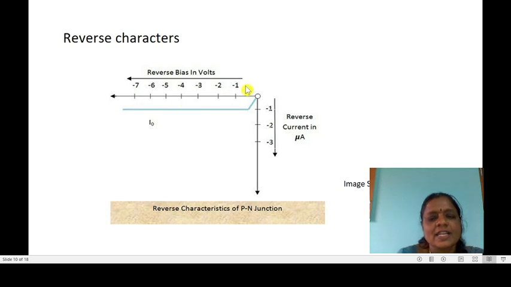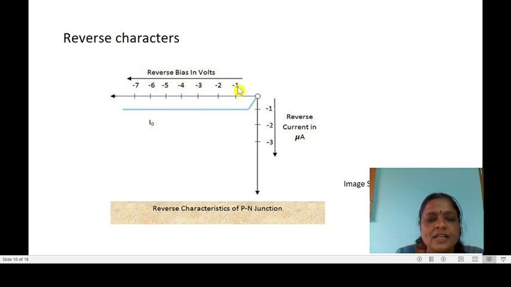For some small voltage, you are able to get a little bit of current, that too in microamps. I think you remember micro is nothing but 10 to the power of -6. This is the reverse current.